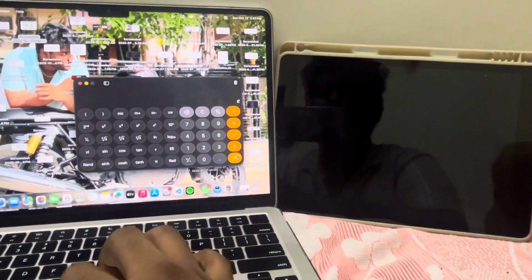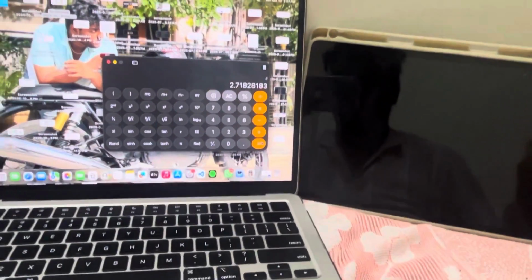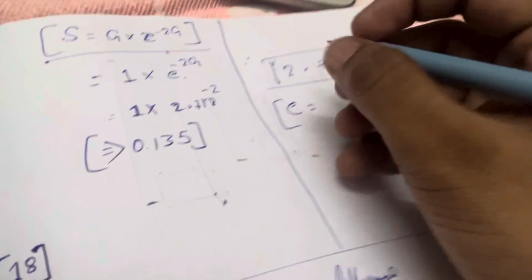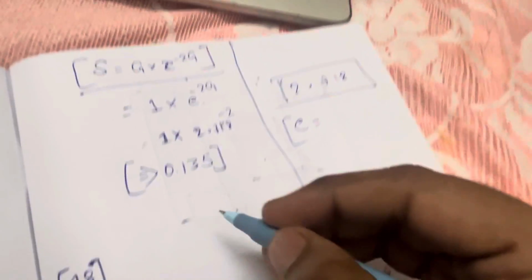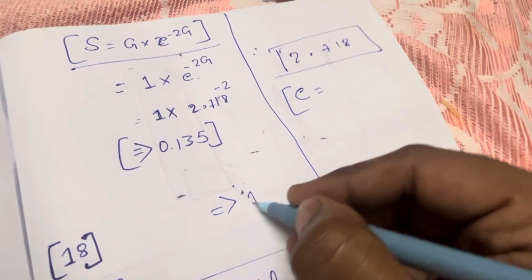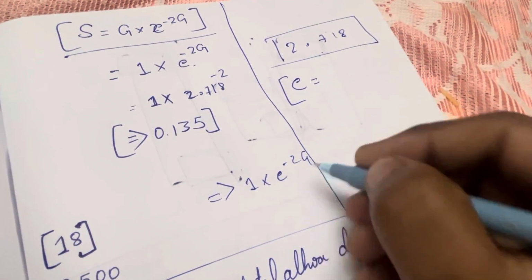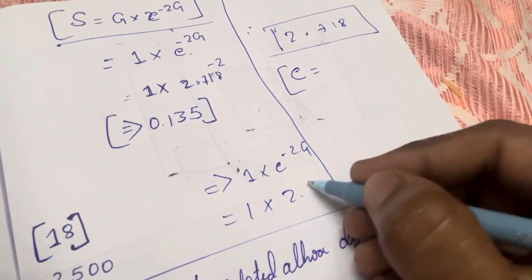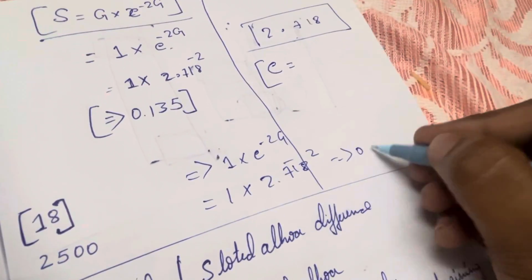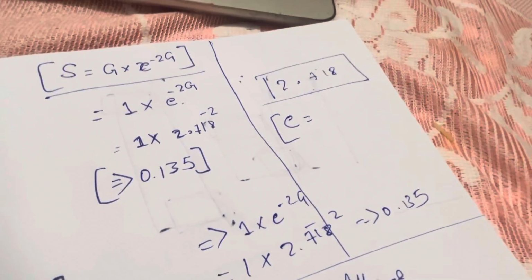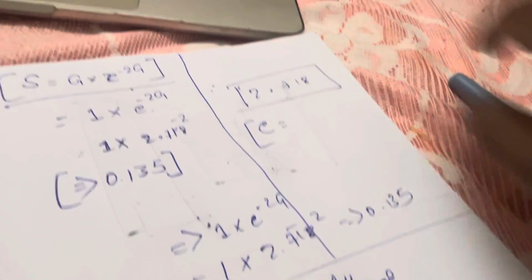E equals 2.718. Okay, so E equals 2.718. This is the value of E. Substituting E, we get 1 into e power minus 2G, that is 1 into 2.718 power minus 2. So if we calculate this, we'll get 0.135, and this is the final value. Okay, so clear?